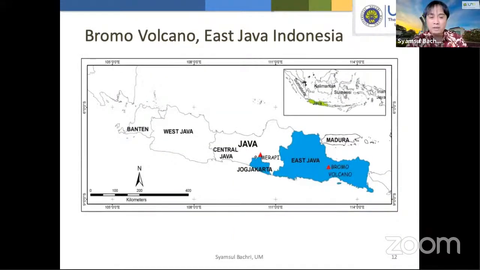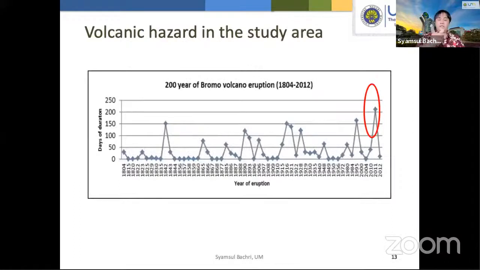This is the Bromo volcano, the map in Indonesia. This is in East Java. And I just want to give you some information. Bromo, as in the background of your virtual background here, has 200 years of volcanic eruption data from 1804 until 2012.